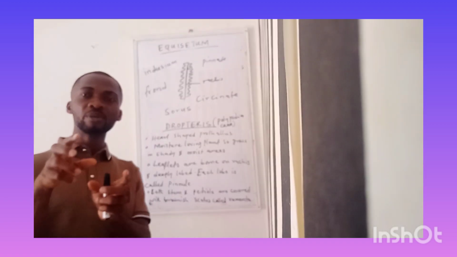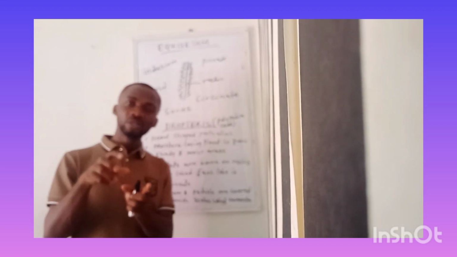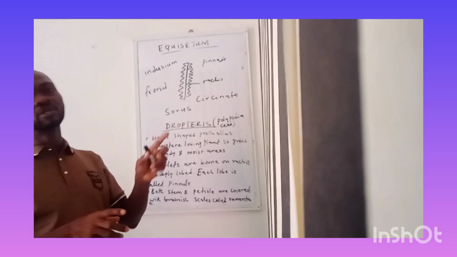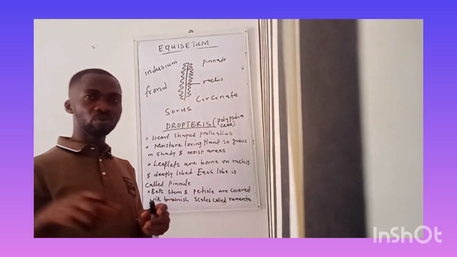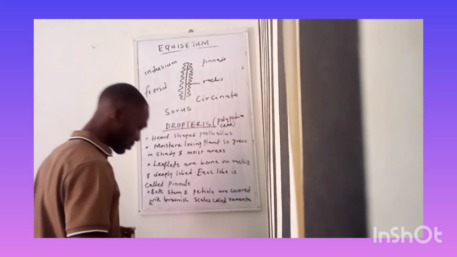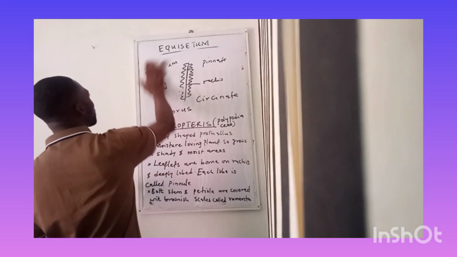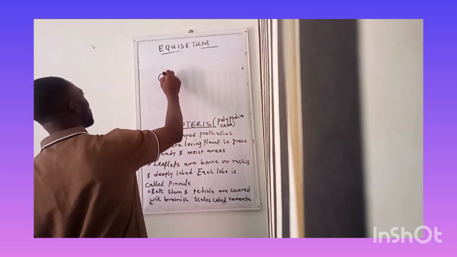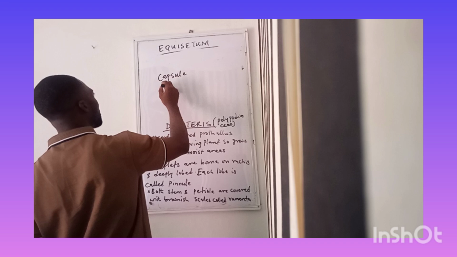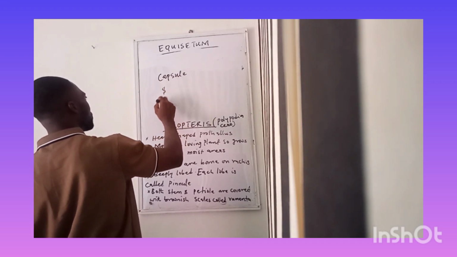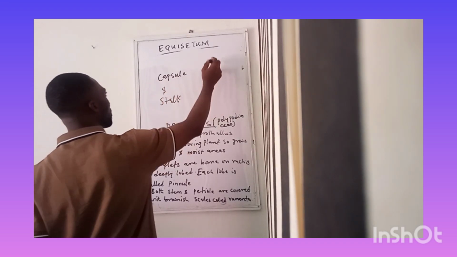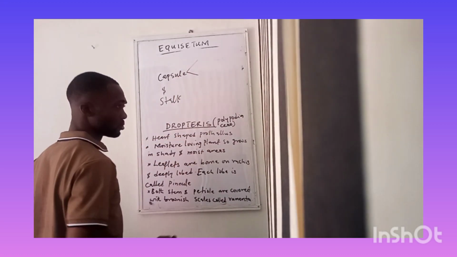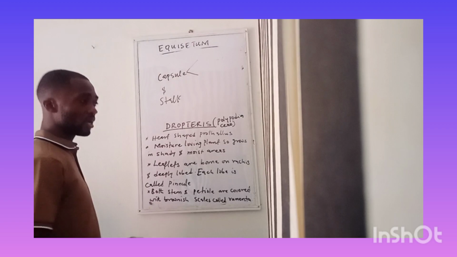So I was trying to explain that the sporangium of Dryopteris is made up of two different parts: the capsule and the stalk. The capsule itself has two different walls.